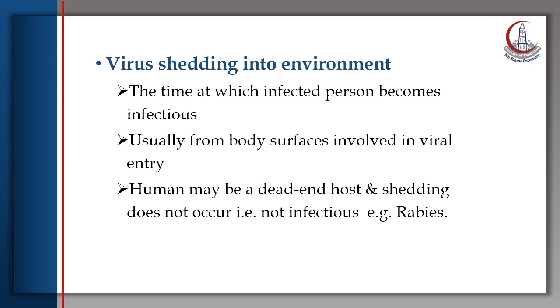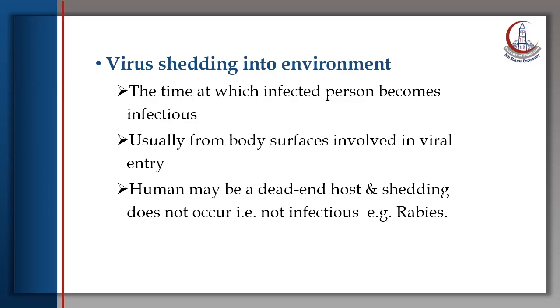Finally, the virus becomes shed into the environment, and this is when the person becomes infectious, because he spreads the virus to another person. Usually, it is shed from the body surfaces involved in the entry. For example, fecal-oral route, then it will be present in the stool.